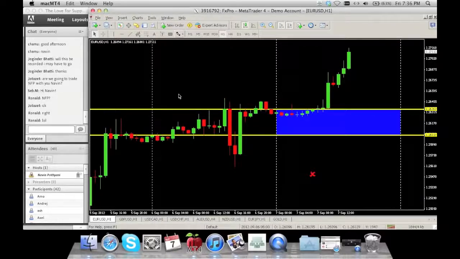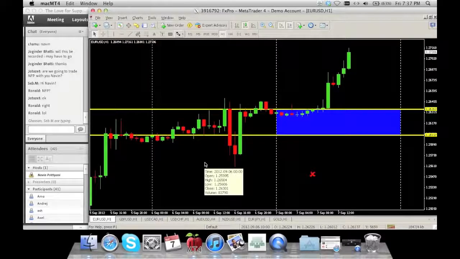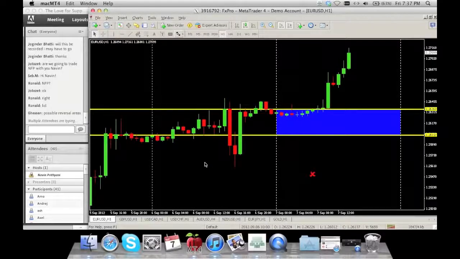Now let's get started here. What is support and resistance? To you guys, what does support and resistance mean? Possible reversal areas, floor and roof.